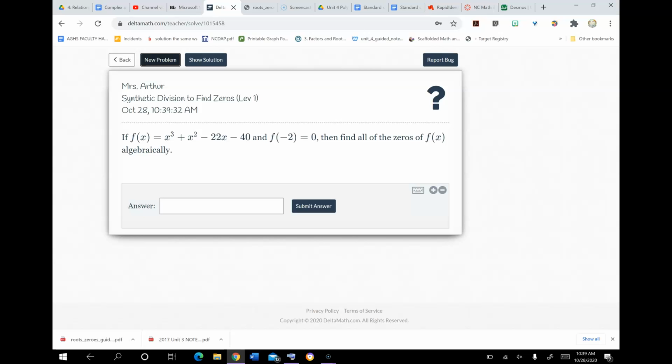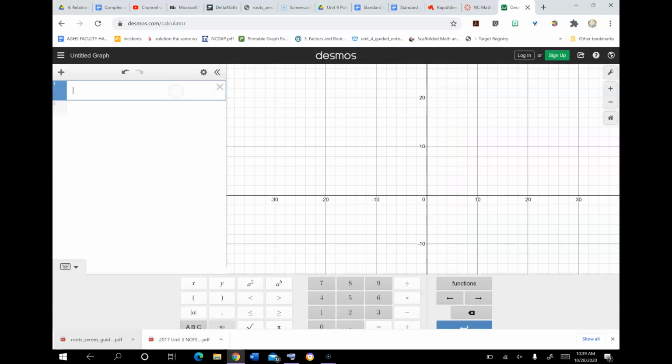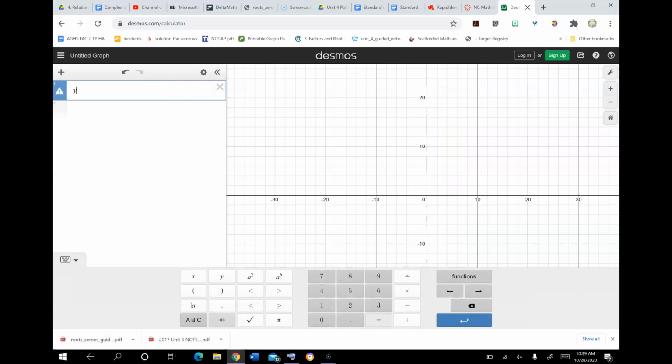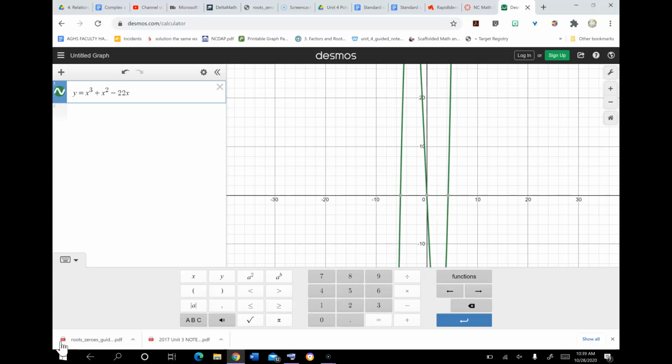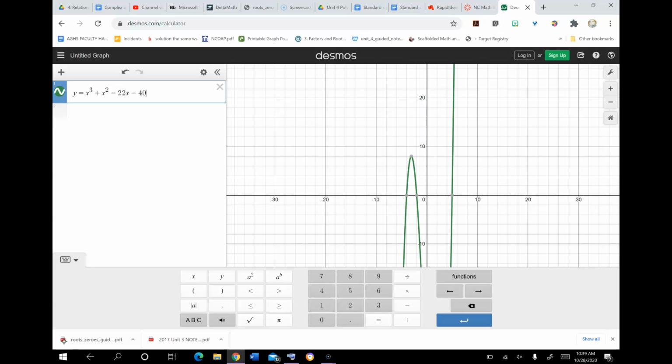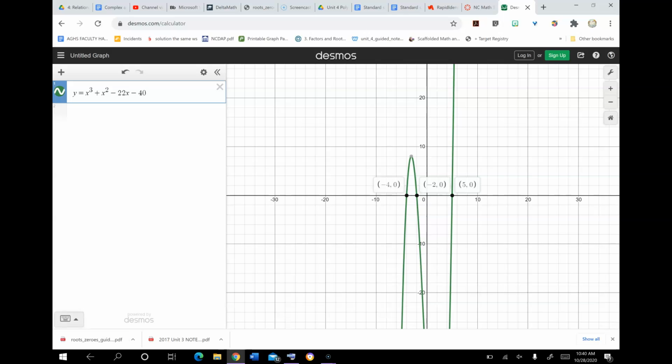So again, check that Delta Math, okay? I mean Desmos, JK. So we're going to type this into Desmos. All right, I've got y equals x cubed plus x squared minus 22x minus 40. All right, again, that's a cubic, so it should cross 3 times.